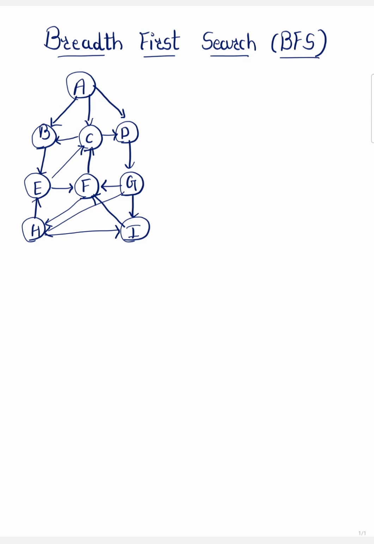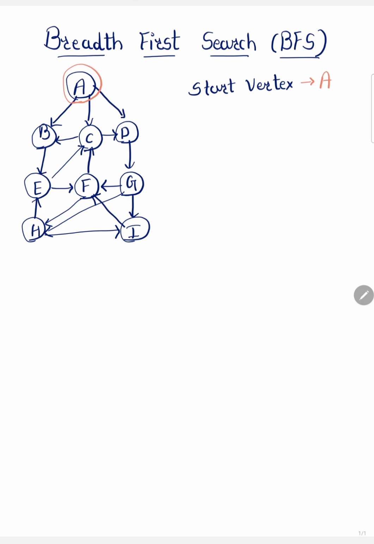See, this is a graph, so you cannot identify a root because it contains a cycle. So you need to choose your starting vertex. Usually it can be anything, but normally we start with A. So this A is my starting vertex.